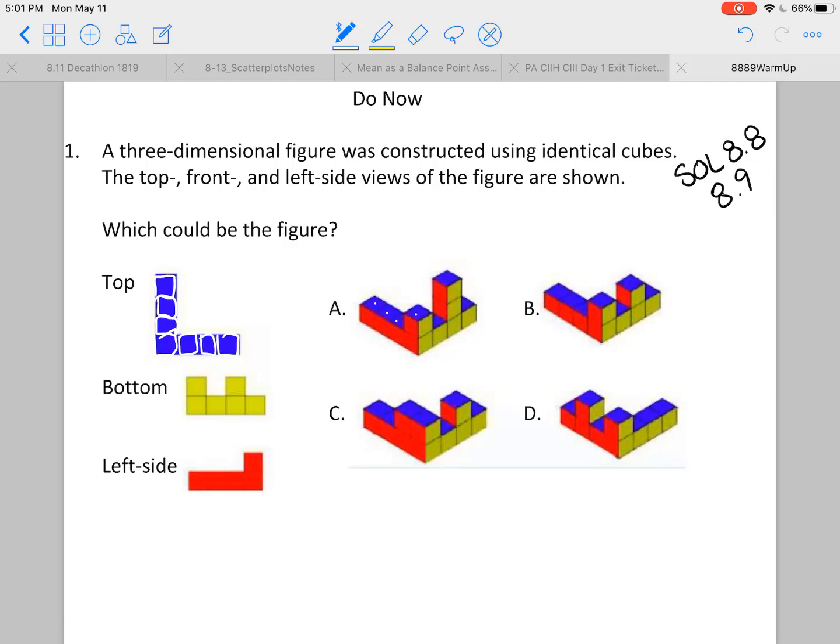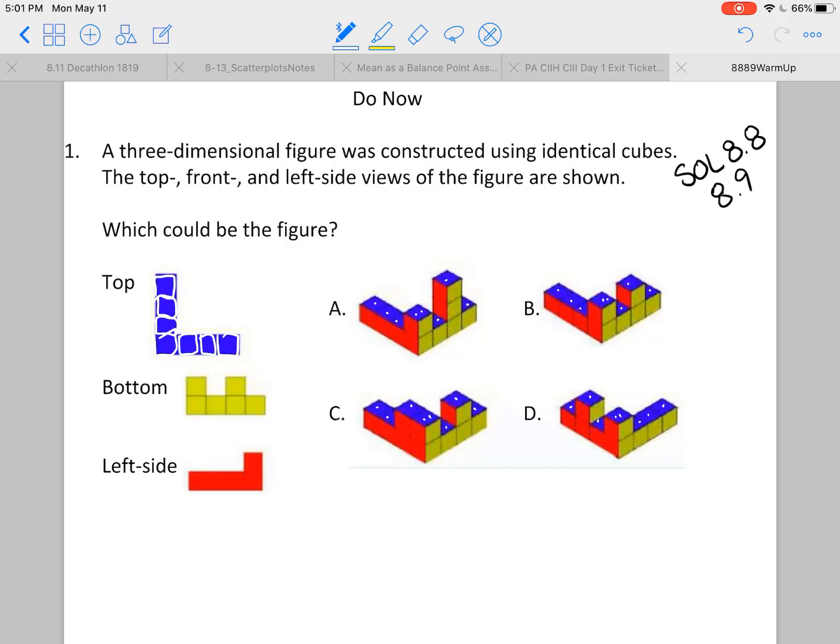So A has 1, 2, 3, 4, and 1, 2, 3, 4. So that's a candidate. B is a candidate. C is a candidate. And D is a candidate.